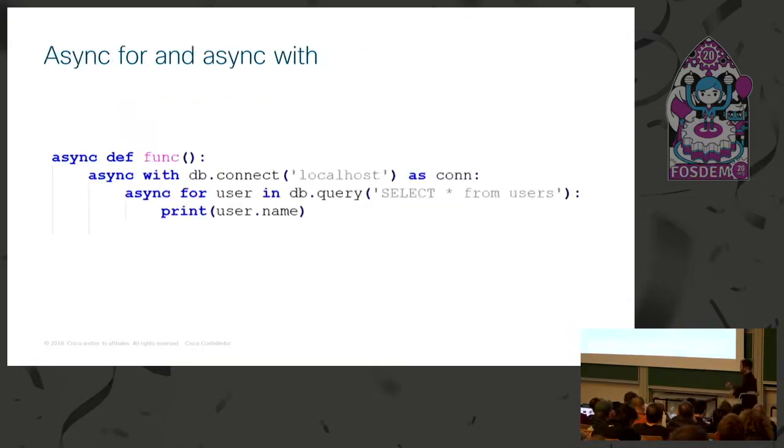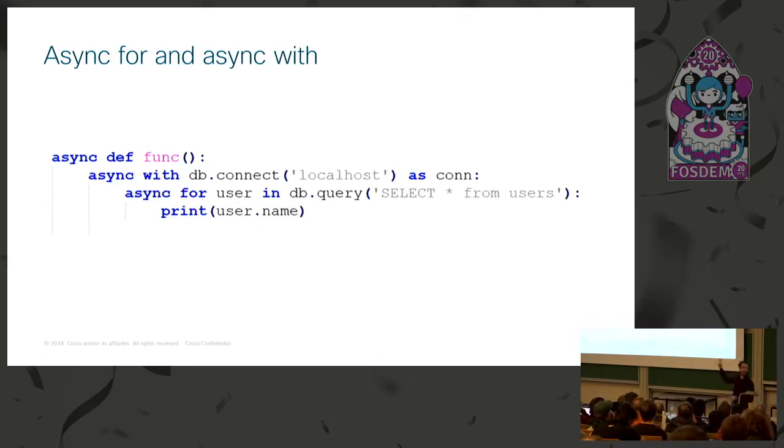Then there is also async with and async for, which are pretty nice. The with block you probably know as a context manager. That's code that you execute before and after the block, very typically used for establishing a connection and closing the connection, or allocating resources and releasing resources. So that's what a with block is doing.